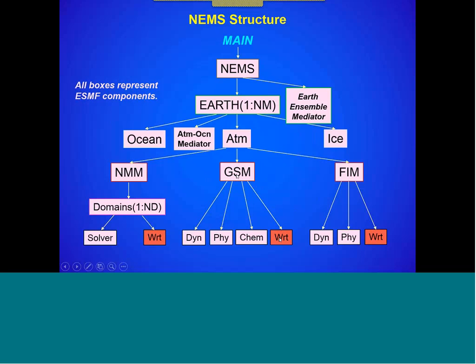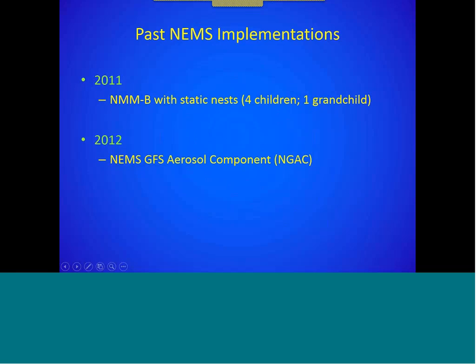And then there are couplers in between all these things. To speak to Rick Rosen's point, these couplers have a lot of generic code in them, but they're also pretty specific to what they are coupling, because they understand what kind of fields go between physics and chemistry, et cetera.